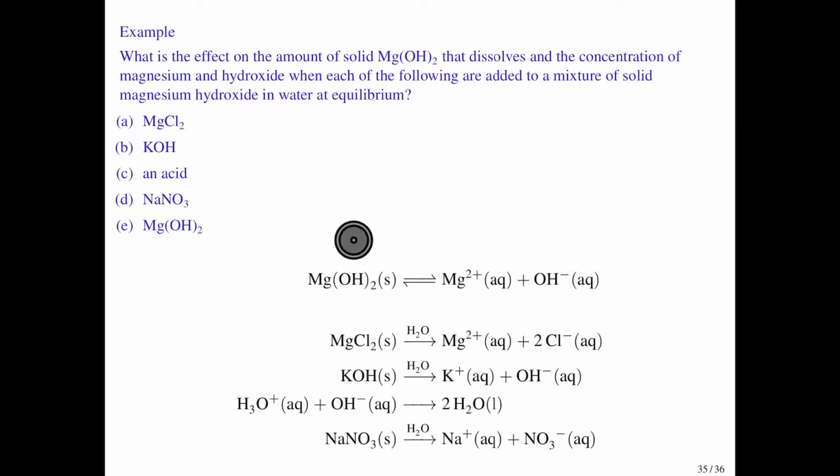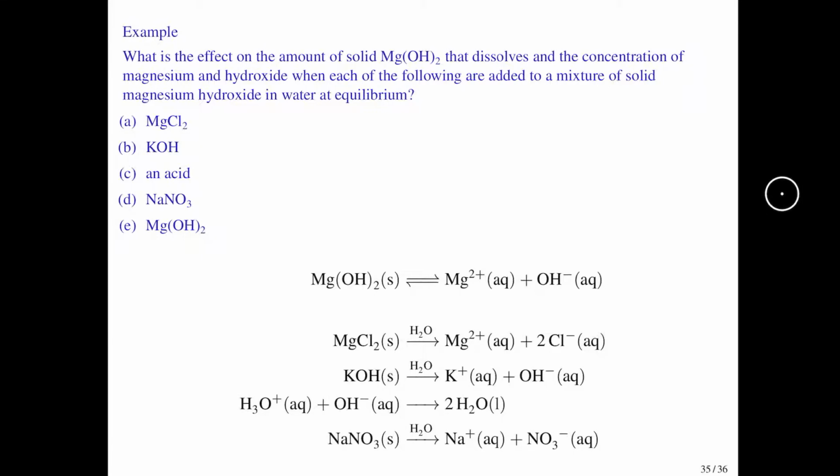When you increase the number of moles of magnesium hydroxide, you also increase the volume of that magnesium hydroxide sample. So you can think of the concentration as being fixed. It doesn't change. And therefore, if the concentration of a species doesn't change, then the equilibrium will not be affected. So when you add the solid, there's no effect on the equilibrium.